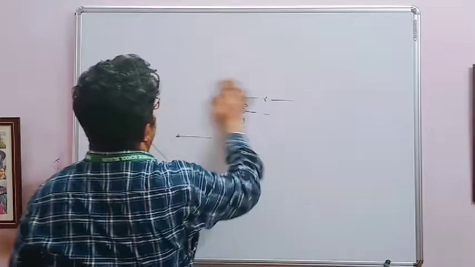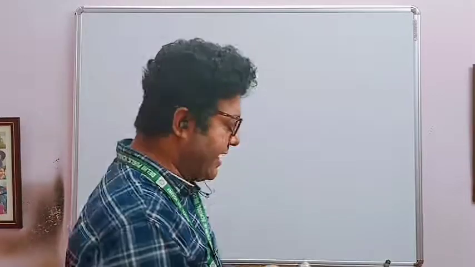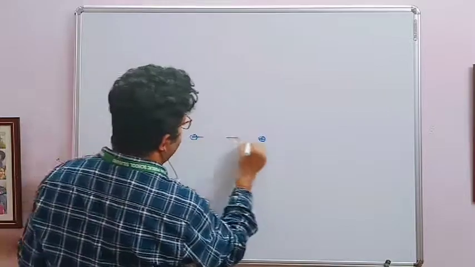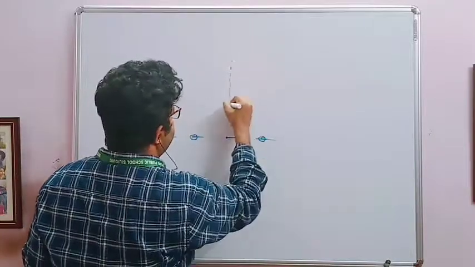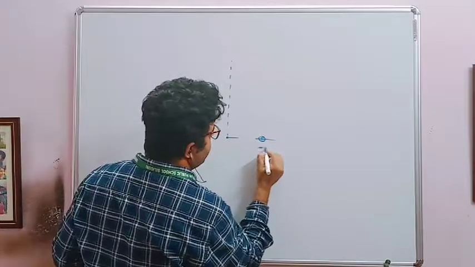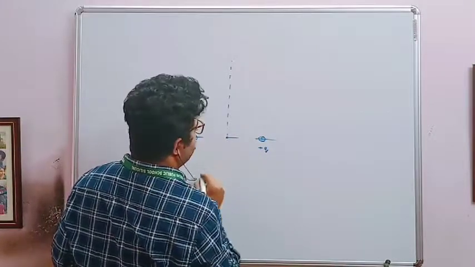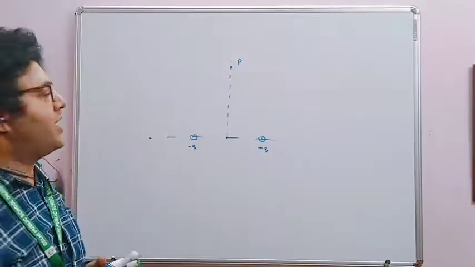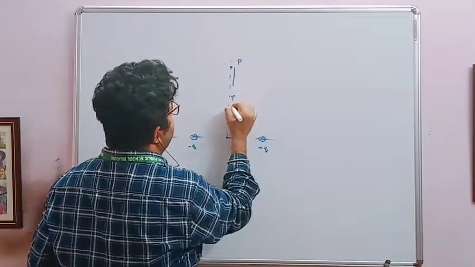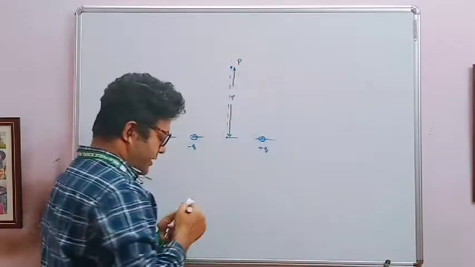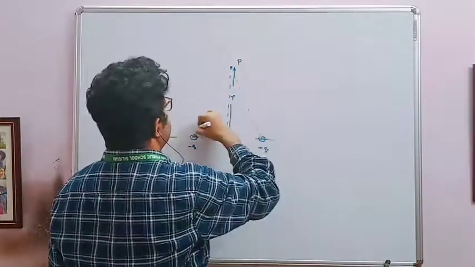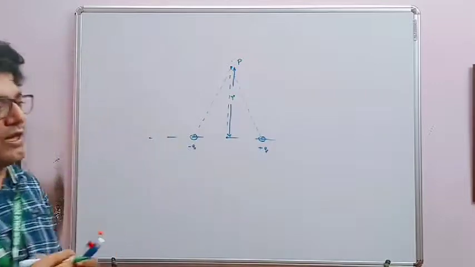Now for the equatorial line, or broadside-on position. If we consider a dipole, this is the center and this line is the equatorial line. This one is plus q, this one is minus q. We have to find the electric potential at point P, which is at a distance r from the center.